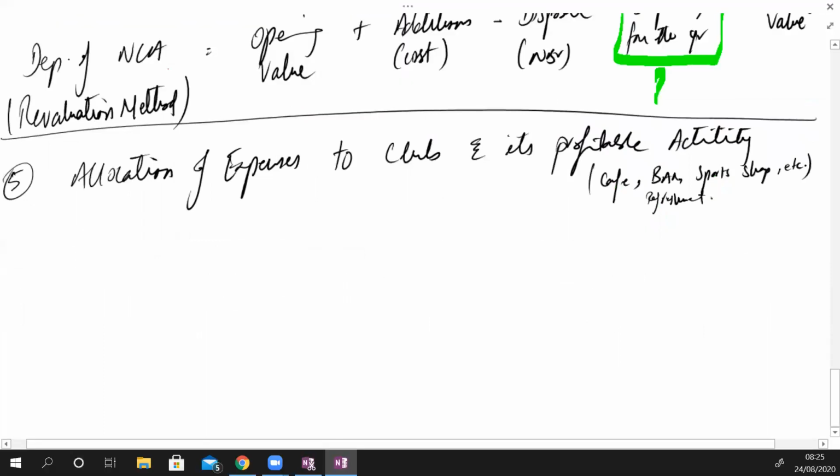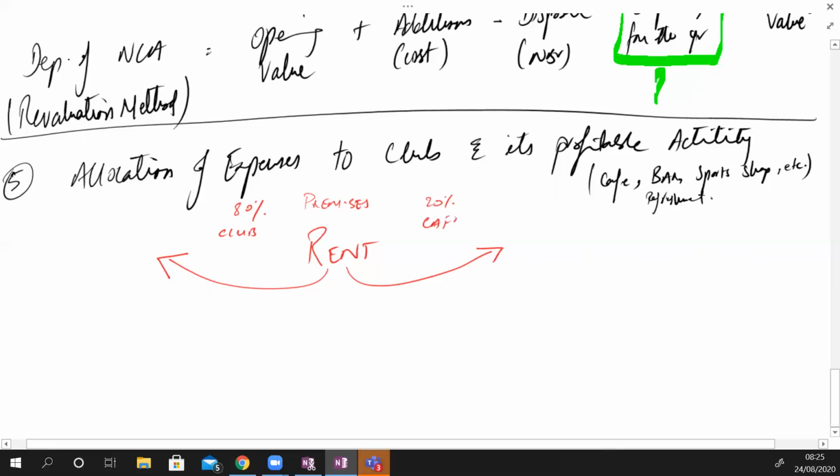What I meant is basically, for example, there's a rent. Just like the way we did in manufacturing, में हमने फैक्ट्री को रेंट अलग एलोकेट किया था, ऑफिस को अलग एलोकेट किया था. So similarly, you have to allocate. Like for example, premises में 80% क्लब ओन करता है and 20% आपका कैफे ओन करता है.